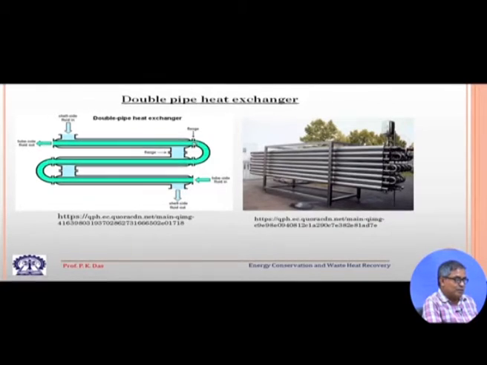We take a hairpin bend like this, and there are several bends. So within a small footprint, probably the vertical height of this heat exchanger will increase, but we can have this heat exchanger in a small footprint instead of increasing its length. On the right hand side there is a photograph of such a heat exchanger.